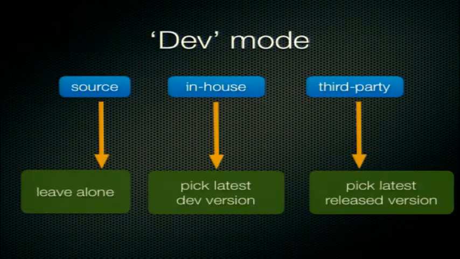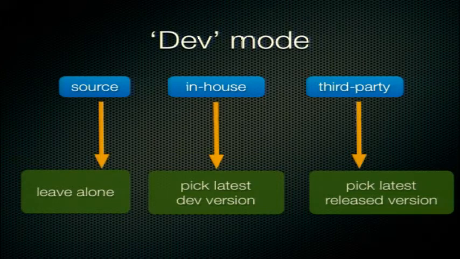Okay, so now some of the workflows in development mode. If you've got a source package, it'll leave it alone. Basically, source packages are sacrosanct in the whole package and version world. It leaves them alone, assumes you've checked out a source package and you know what you're doing. For in-house packages, it'll go to the latest development version. Third-party packages will stay on the released version. Like I said before, if it's third-party, it sticks on release all the time.